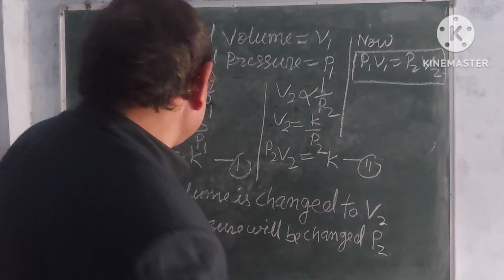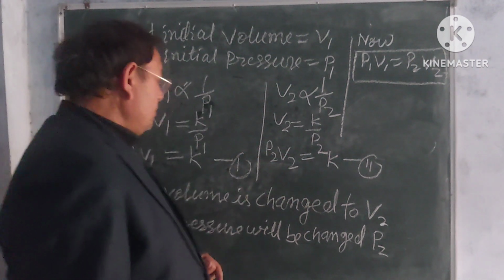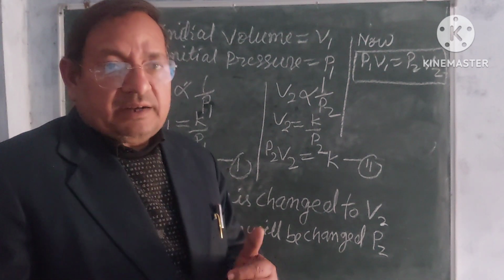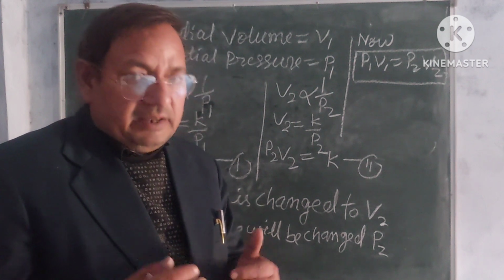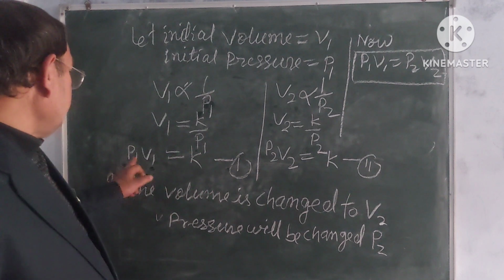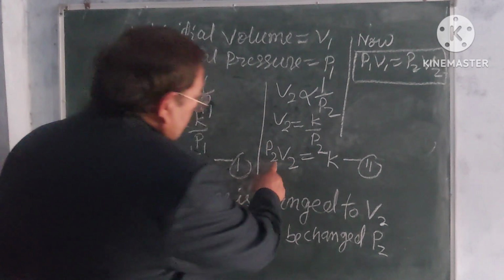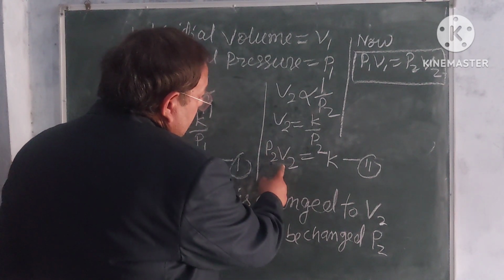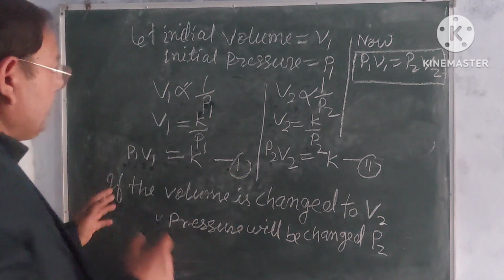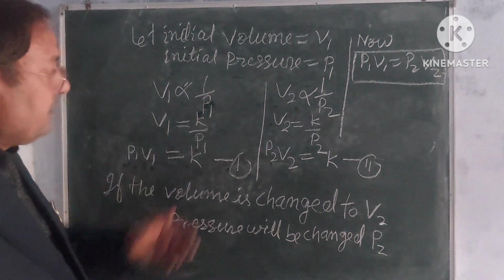My dear students, you can see from equation 1 or equation 2, we can give the definition of Boyle's law in another way. In the first equation, P1 into V1, pressure multiplied by volume is equal to K. And in the second, P2 into V2, pressure multiplied by volume is equal to K. It means in both cases the product of pressure and volume remains constant.